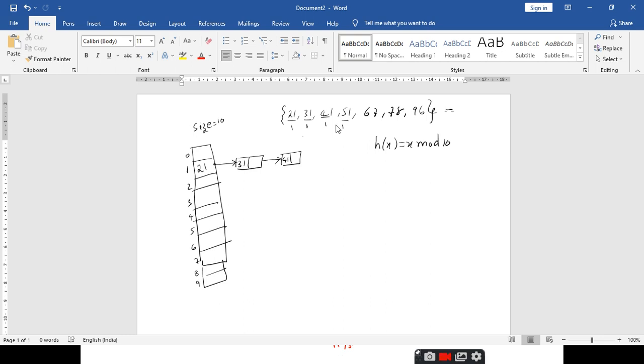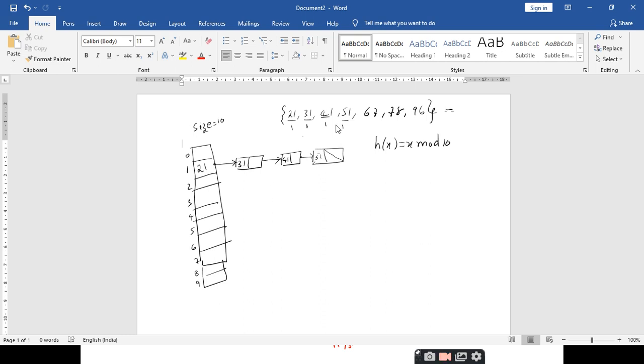Therefore I found that 21 is already occupied, but it also consists of two nodes which are linked to each other. So I will create a new node, insert the element 51 here, and make this 51 the last element by linking 41 with 51. So this is how you are going to implement the separate chaining concept.